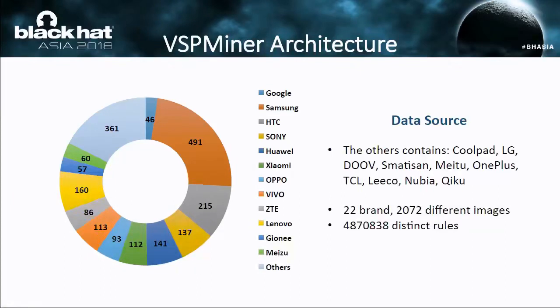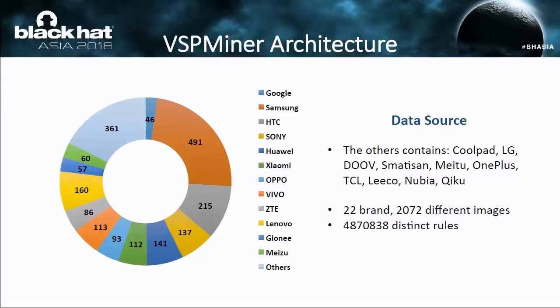Here, a different image means different tuple information: brand, model, and version. And for each brand, model, and version, we will only select one image, because some images may be rooted by some attackers or some malicious people, right?